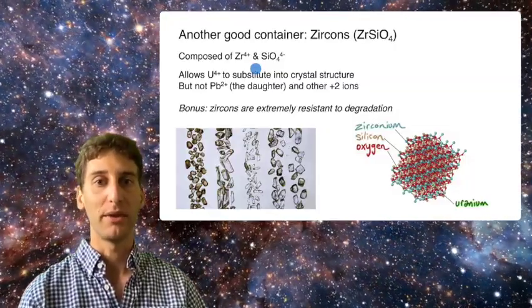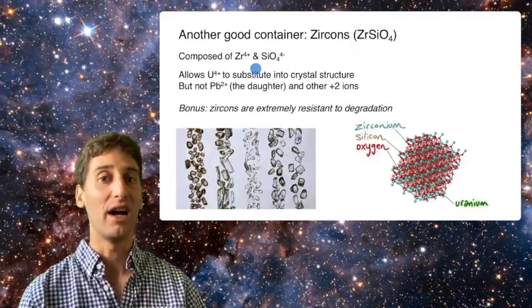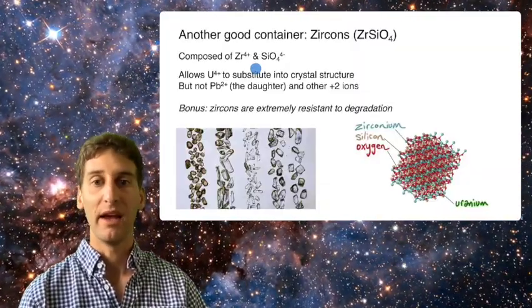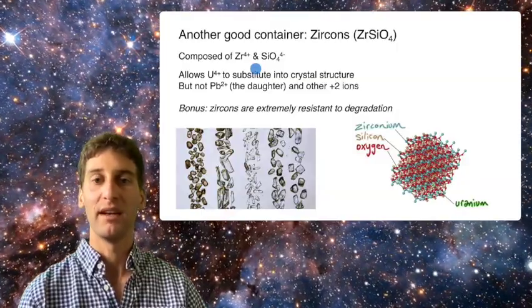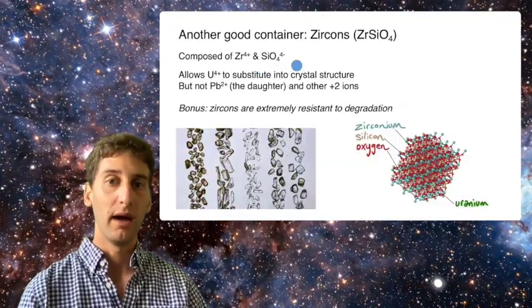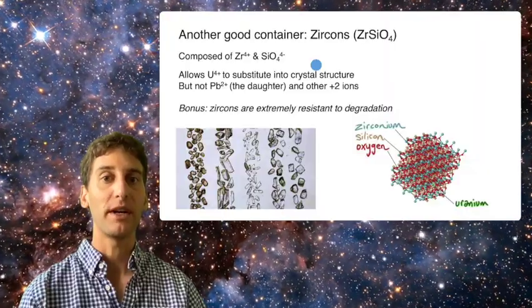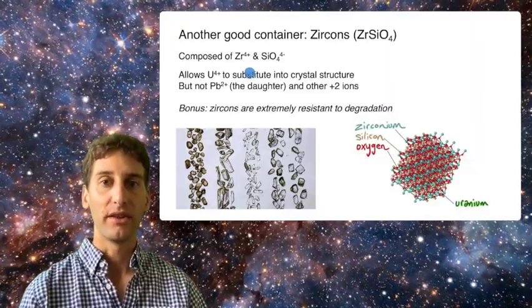If you're working with these crystals in the lab and you're trying to dissolve them, it's going to take a lot of work to actually degrade them, and there's very few conditions in the environment that will actually degrade zircons. They're extremely long-lived. The other nice thing about zircons is that they incorporate uranium to a pretty nice degree.